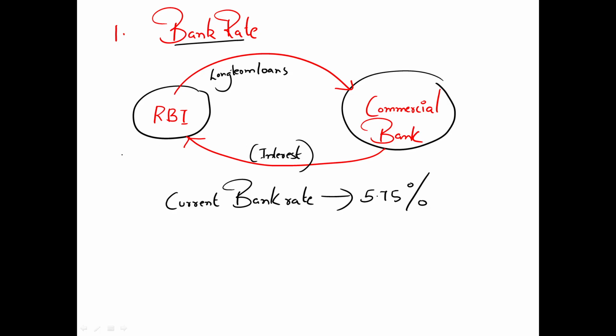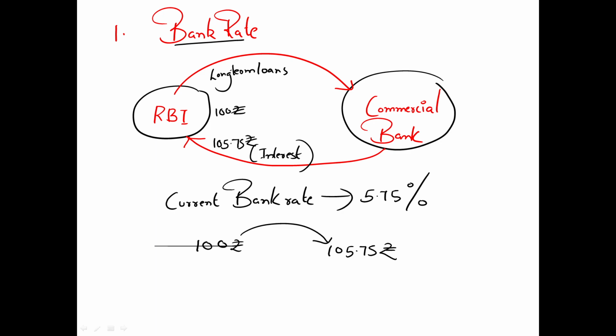If RBI lends 100 rupees to a commercial bank, the commercial bank needs to pay 105.75 rupees back to the RBI. So if RBI gives 100 rupees to a commercial bank, the commercial bank needs to pay back 105.75 rupees to RBI. So this is what bank rate is all about.